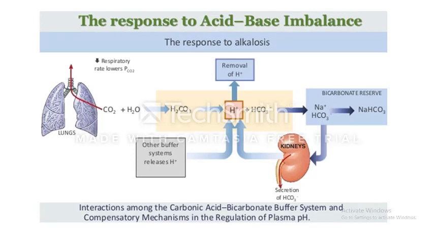Now the next is when alkalosis occurs, how does our body balance it? Here you see the same interaction of the carbonic acid bicarbonate buffer system and the compensatory mechanism in regulation of blood plasma pH. If alkalosis occurs, we have more base in our body.